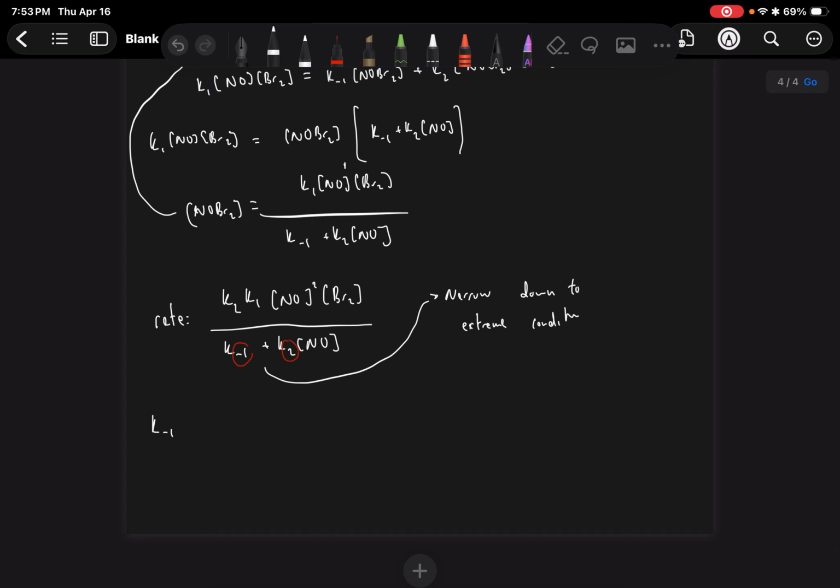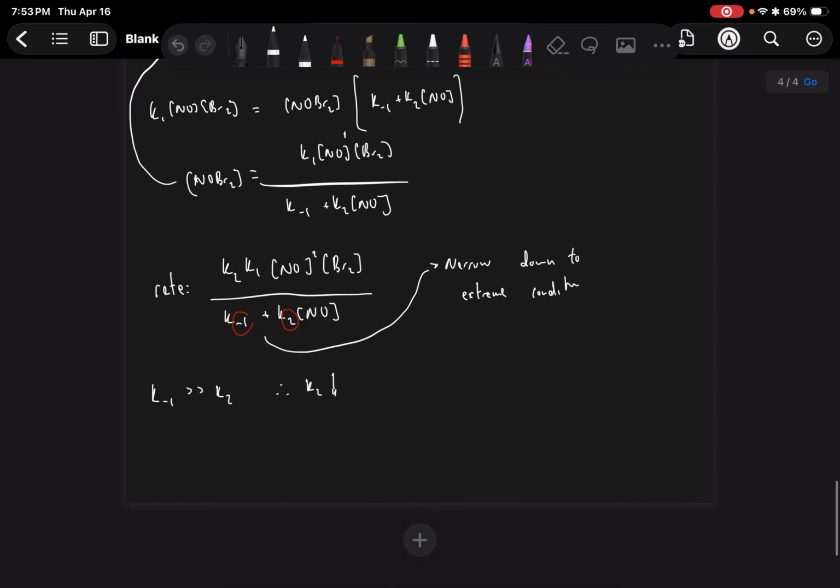So first we're going to assume when k negative 1 is greater than k2, which means that k2 is like not occurring. So if k2 does not occur, this is going to be 0. So therefore the rate is going to be equal to k2. Wait, if k2 is nothing, then why would... So we're going to assume that k2 is slow.